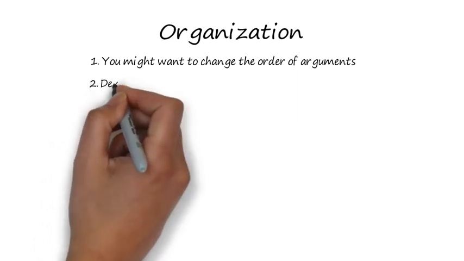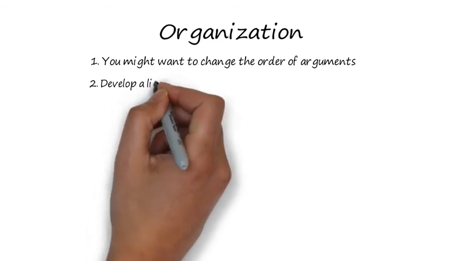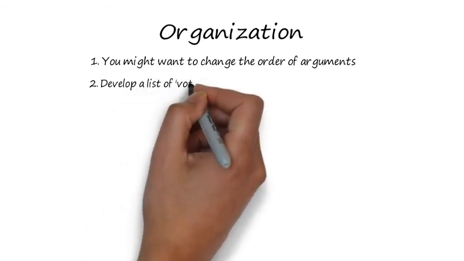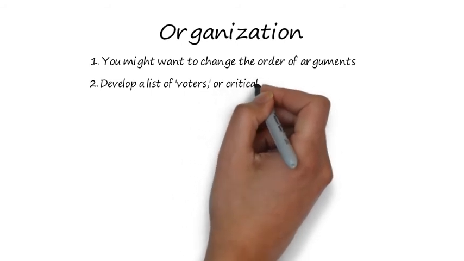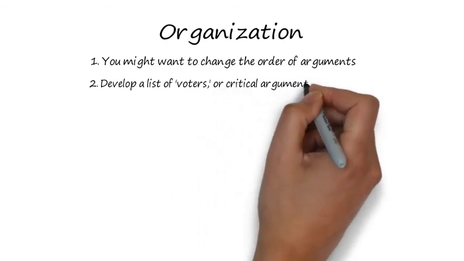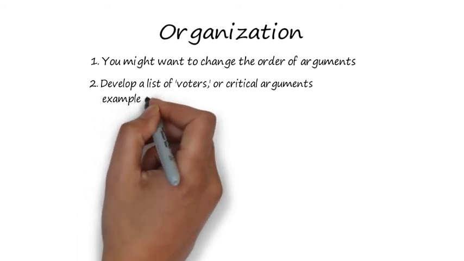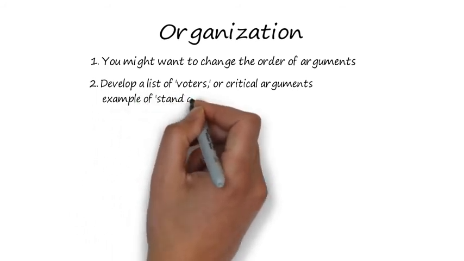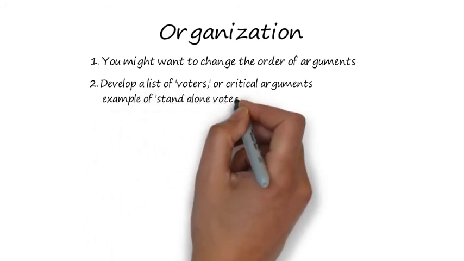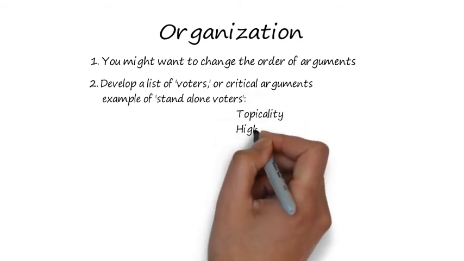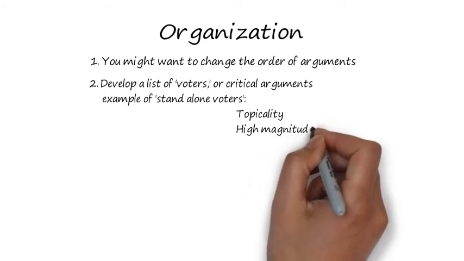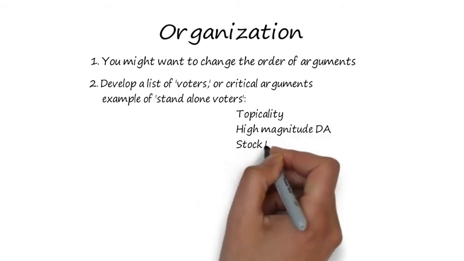The best thing for you to do is to prioritize these arguments. So, what you ought to do is create a list of voters. Now, voters are critical elements within the debate that ought to result in a ballot one way or the other. Typical voters include topicality, a high magnitude disadvantage, fulfilling stock issues.